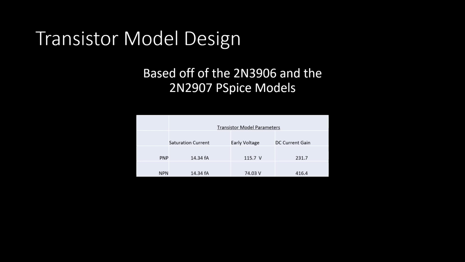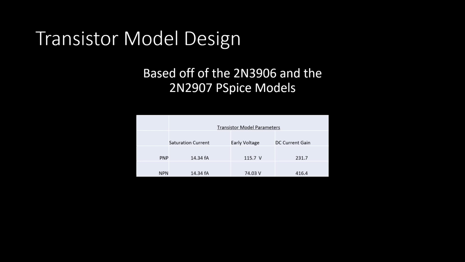Ideal current mirrors will have much larger output resistance, and also early voltage can help impact the overall gain of the amplifier circuits. For the PNP, this factor was chosen to be 115.7 volts, and the NPN was chosen to be 74.03 volts.